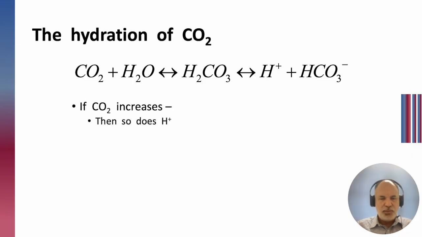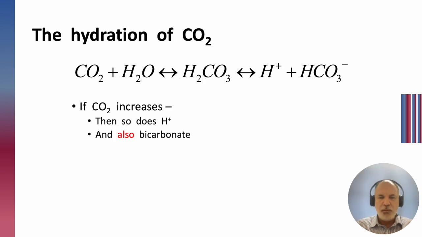But it's important to appreciate that from this equation, if CO2 increases, which we see on the left-hand side there, then so does the hydrogen ion concentration. And so any acute increase in CO2 will produce a concomitant acidosis because of the production of hydrogen ions. But it's very important to see in this equation that for every hydrogen ion that's produced, there's also a bicarbonate ion produced.